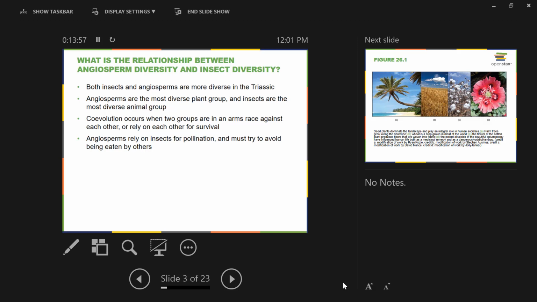There's no insect involved, because there's no other plant individual involved. Now it's really interesting, right? So can we actually use this argument to explain why insect diversity increases at the same time that angiosperm diversity increases, or is it really just a correlation and not causation?